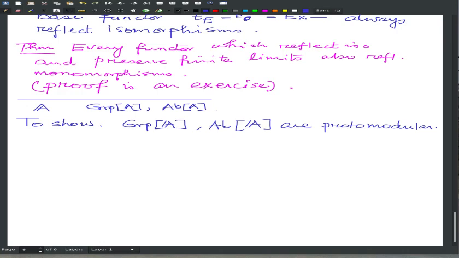You take any category whatsoever, and your internal groups or internal abelian groups, they are all protomodular.